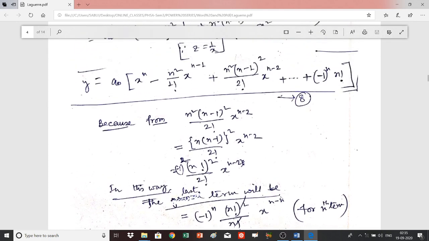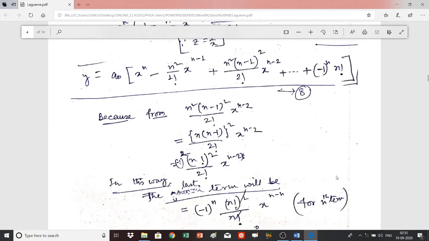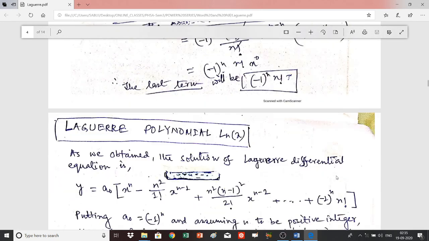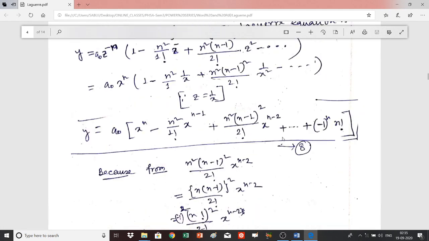So you very easily computed the last term as this, and I write this as equation number 8. So we finally get the solution of the Laguerre differential equation, which is written in this expression, that is in equation 8.